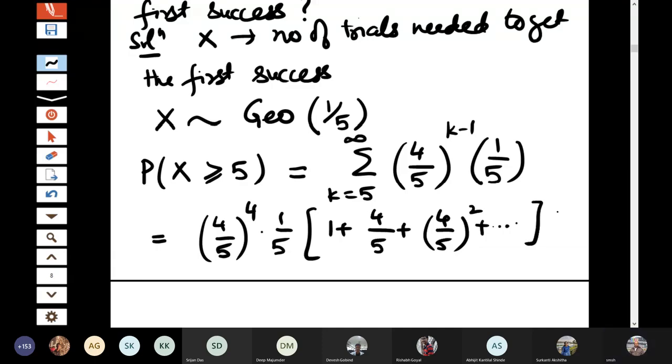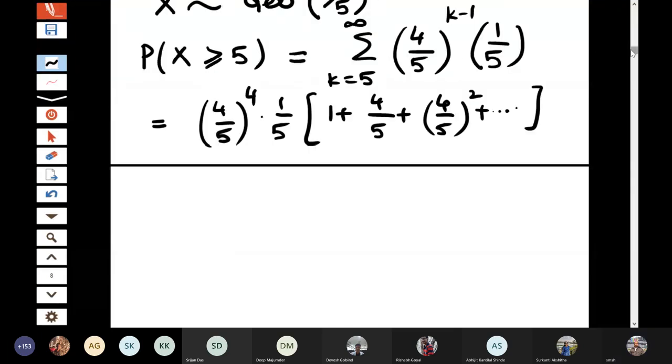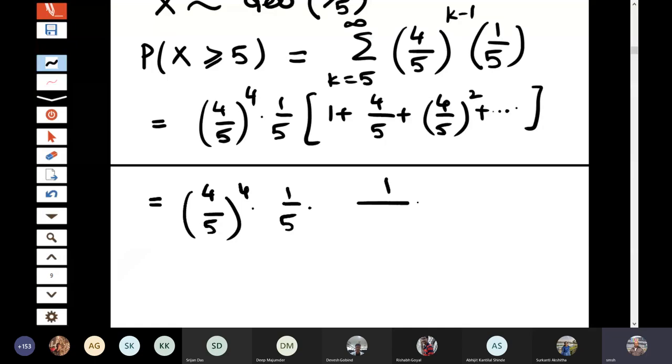So this is nothing but (4 by 5) to the power 4, times 1 by 5, times 1 divided by 1 minus 4 by 5.